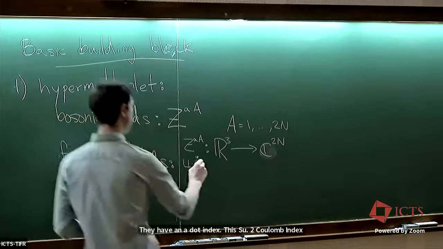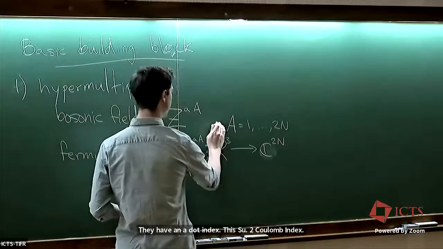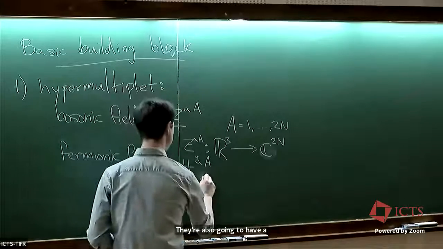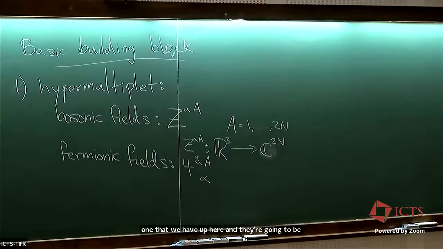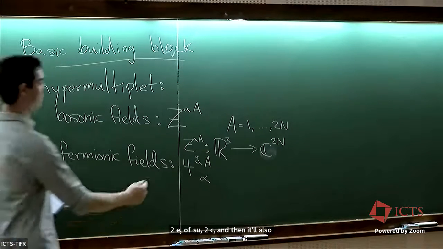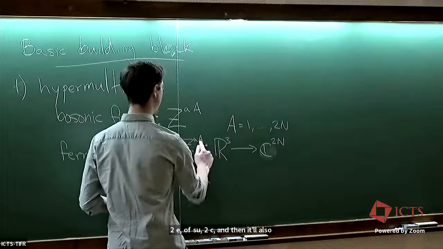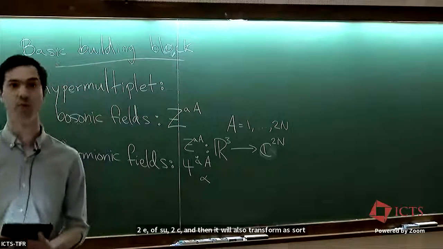They're also going to have a capital A index, the same one that we have up here. And they're going to be spinors on space-time. So they're going to transform in the fundamental representation of SU2E, of SU2C, and then they'll also transform as a sort of symplectic thing with this A index.